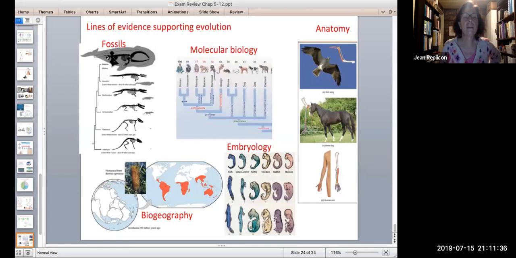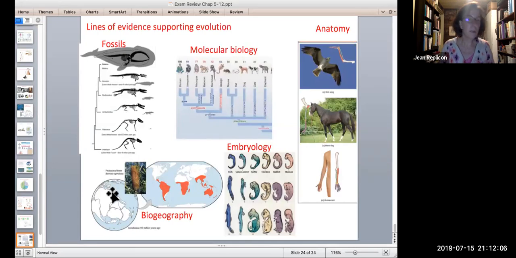Obviously a whale would not have any function for a hip bone, but it's vestigial, meaning that it's a remnant of anatomy of its ancestors that no longer has any use. And that helps to support the idea that it had an evolutionary past.